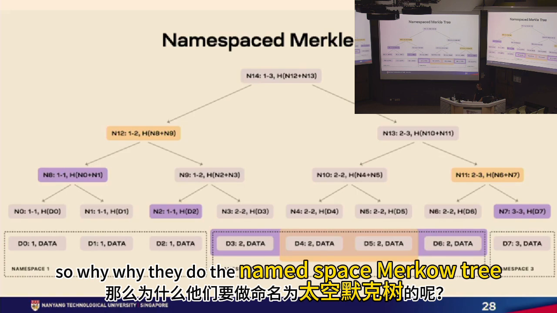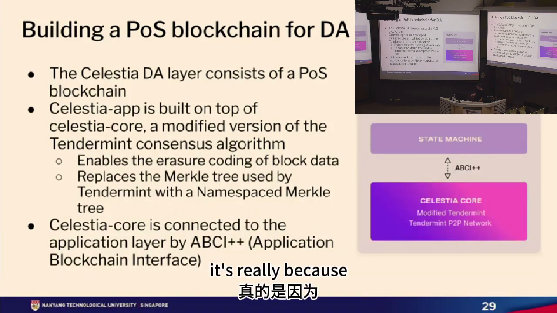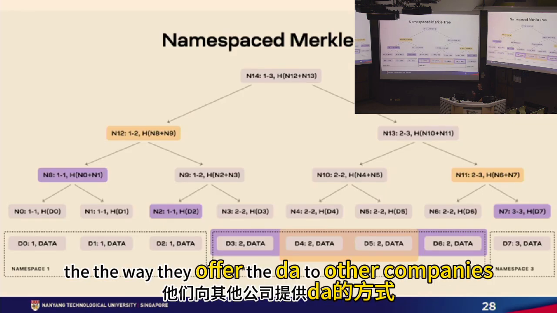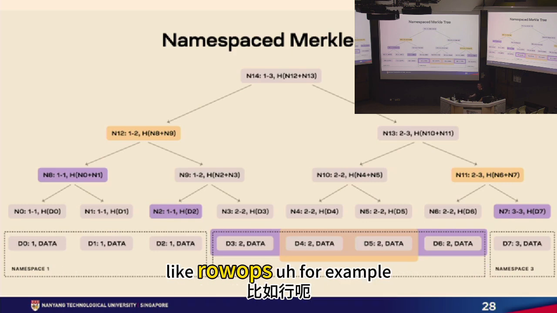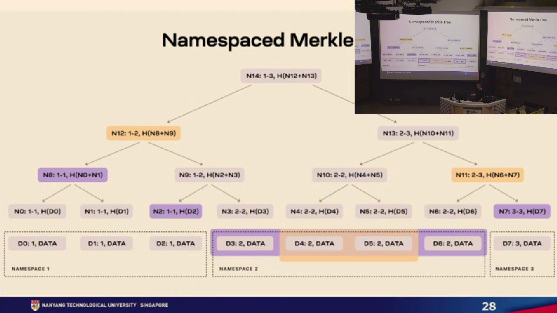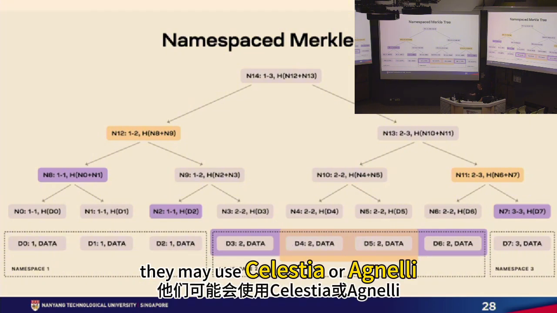So why do they use the namespace Merkle tree? It's really because of the way they offer the DA to other companies like rollups. For example, those companies that don't have a fraud proof may use Celestia or Eigenlayer.